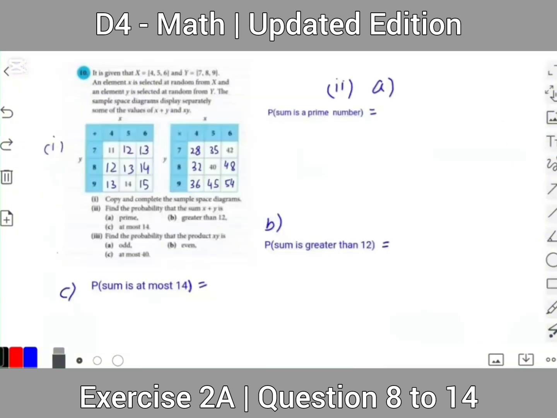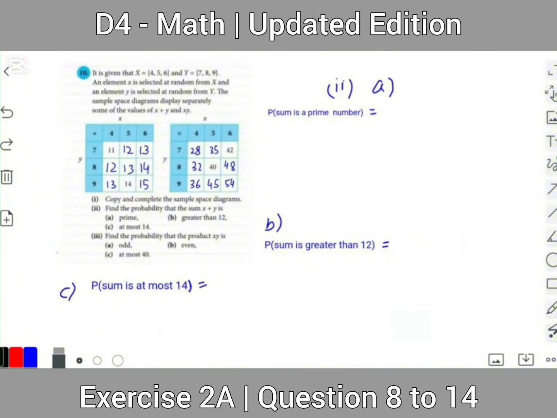In part 2, part A, we have to find the probability that the sum x plus y is prime. So in the first sample space diagram, we will see the sums which are prime numbers.